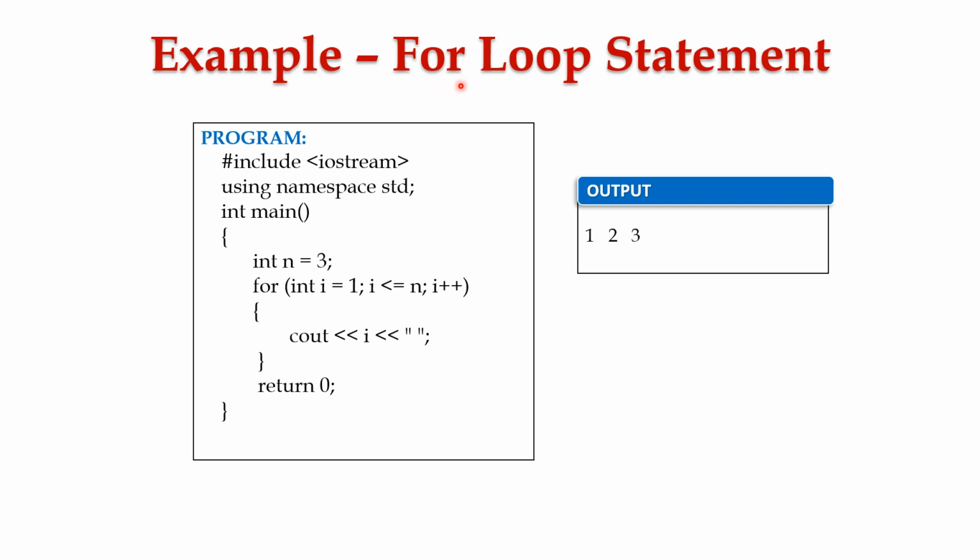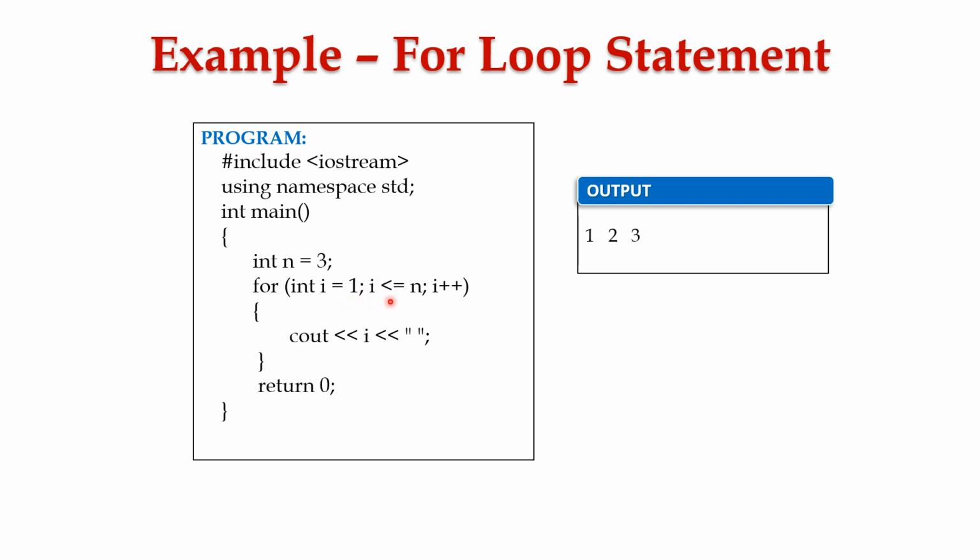Let's have an example program for the for loop. In this main function, we have declared the variable n of integer data type and assigned it the value 3. Next comes the for loop. Here we have three parts, namely initialization, condition, and increment or decrement operation. In the for loop, we have declared the variable I of integer data type and initialized it with the value 1.